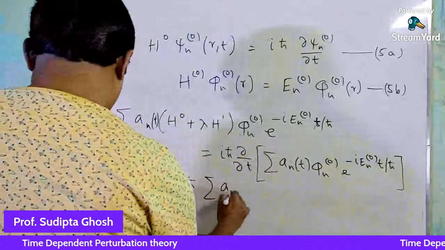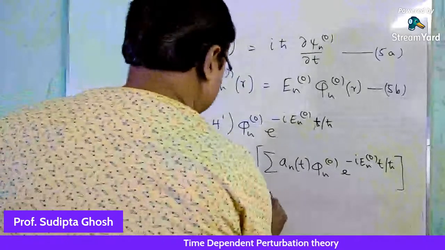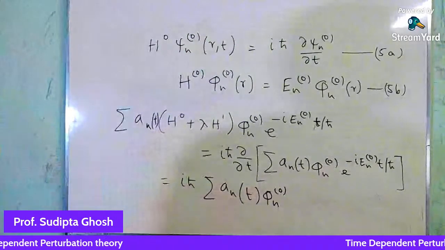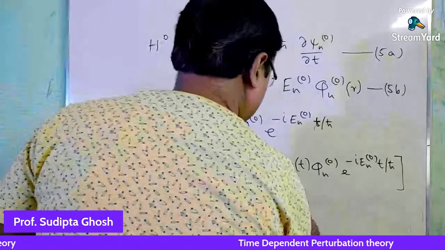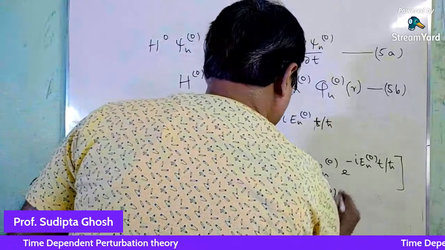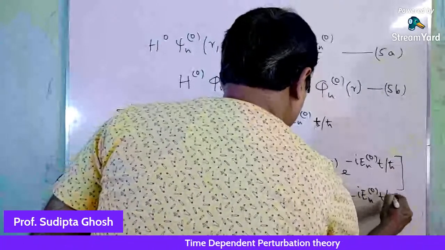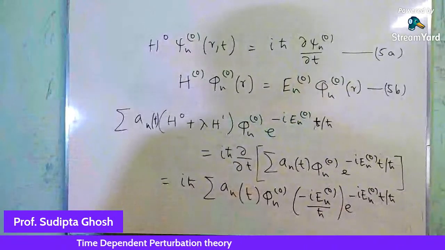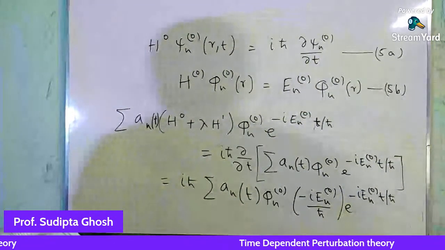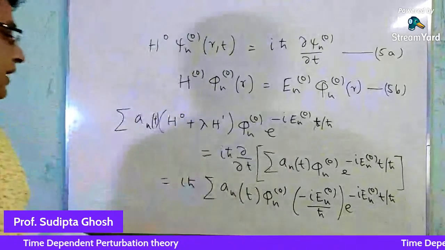It will be summation a n t, now phi n0 and differentiating e to the power minus i En0 t by h cut. So it will become minus i En0 by h cut, then e to the power minus i En0 t by h cut. This is the term, and then differentiating a n, it will become a n dot.